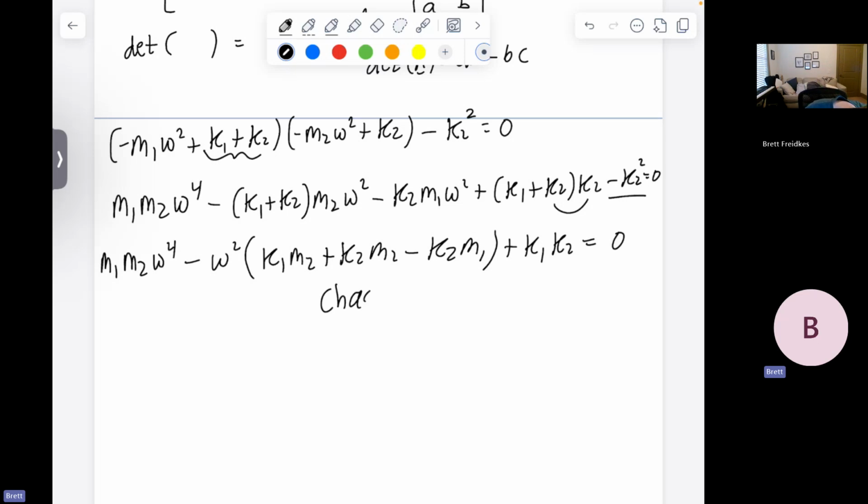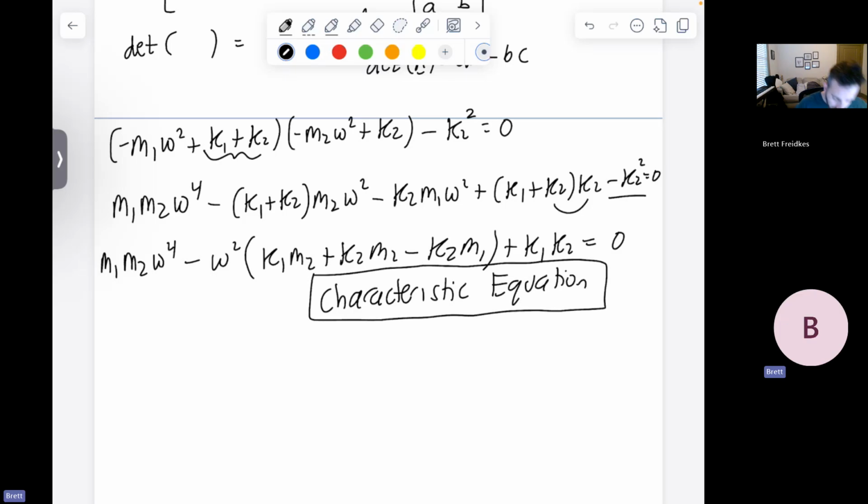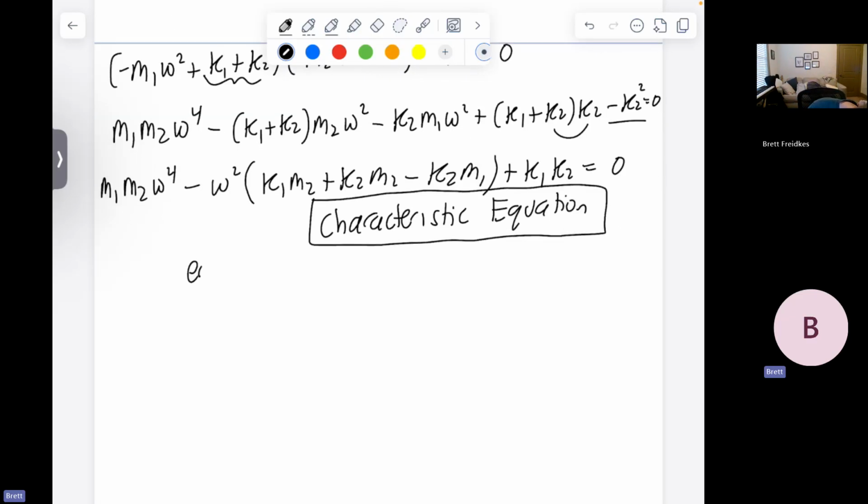This is what we call the characteristic equation. And this will ultimately allow me to find omega. And we will end up with 4 omega values because we have a fourth order equation.